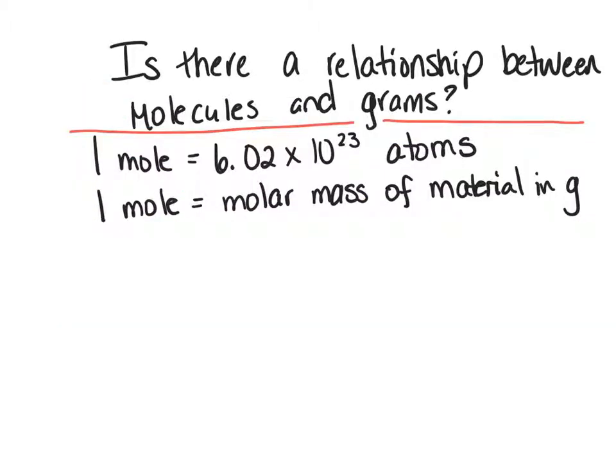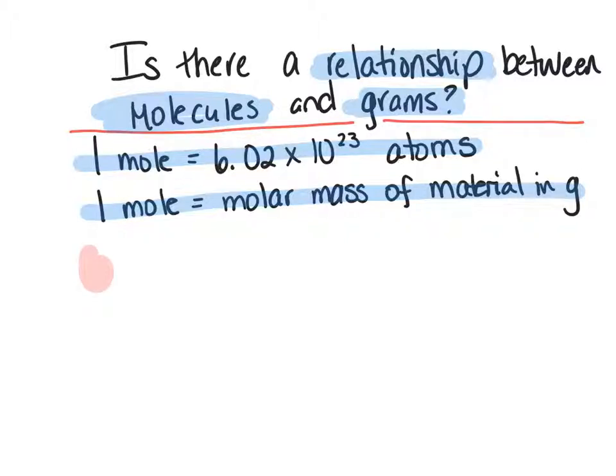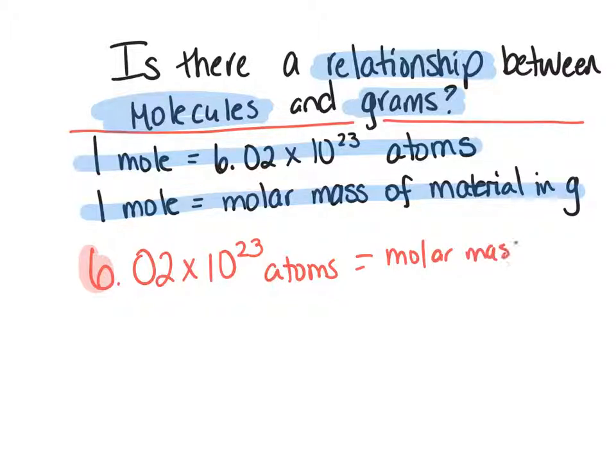Now I can actually shorten those 2 steps because there is a relationship between molecules and grams. Since 1 mole equals 6.02 times 10 to the 23rd, and 1 mole equals the molar mass of a material, we can actually look at the relationship that 6.02 times 10 to the 23rd atoms is also equal to the molar mass of the material in grams.